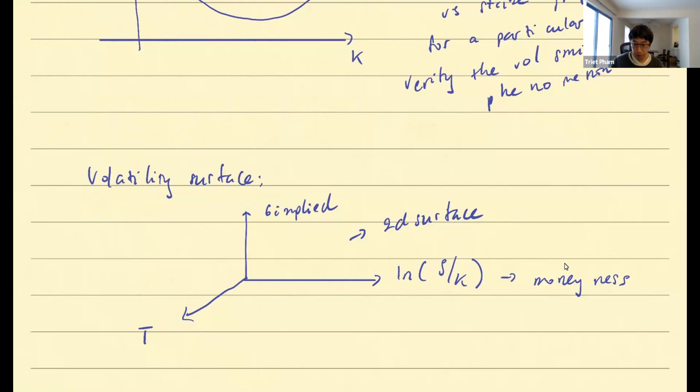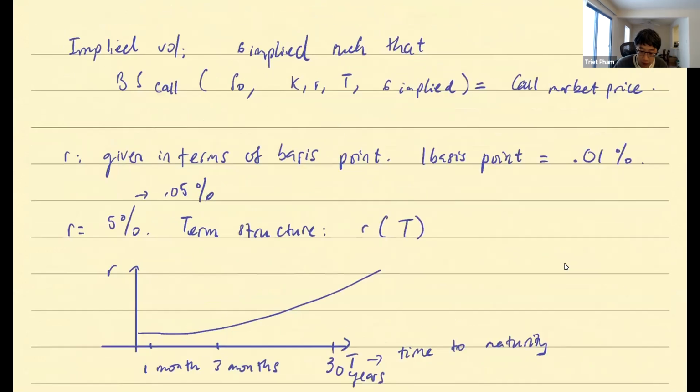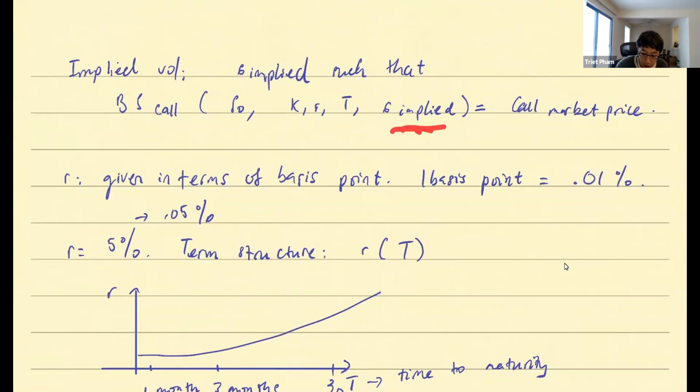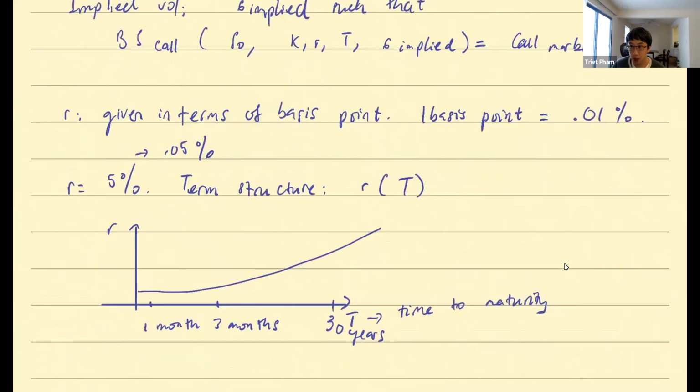And so a trader or quant would look at the entire volatility surface. For them, the volatility surface tells you everything about the option price, because from the implied volatility, you can plug them back into the Black-Scholes formula and figure out what the price is. And so there is a concept called interpolation.